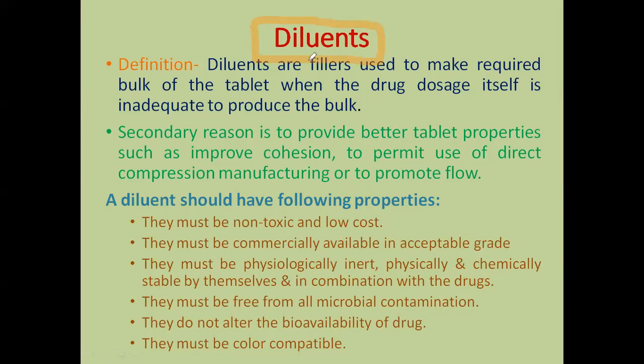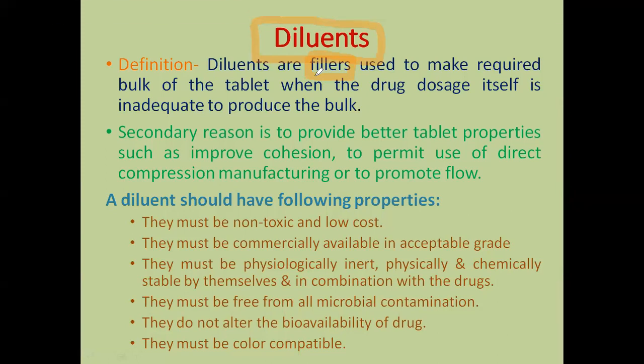The synonym for diluents is fillers. Why are they called fillers? Whenever we have a drug dose which is less, to increase the bulk of the tablet we add an agent which will give bulk to the tablet, and that's the reason they are called fillers. It fills up the amount required to make the bulk of the tablet.